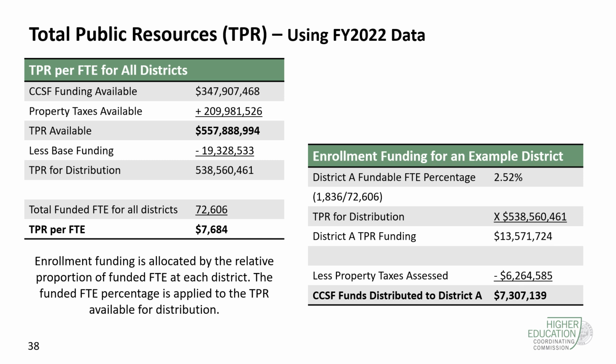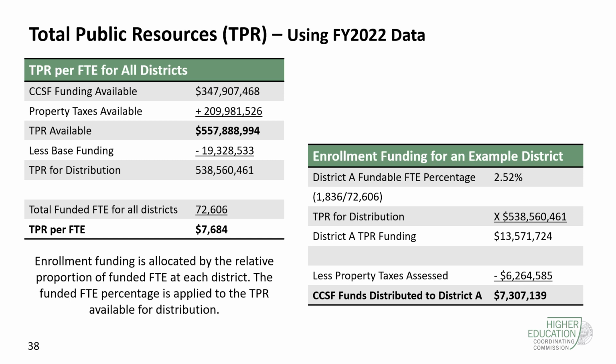As we transition to the total public resources, or the enrollment, the equalized enrollment payment, this chart walks you through the calculations. So we first calculate the total public resources available. When we say total public resources, we're talking about the state funding available, in this case $347.9 million, and the property tax revenue available, in this case $210 million.